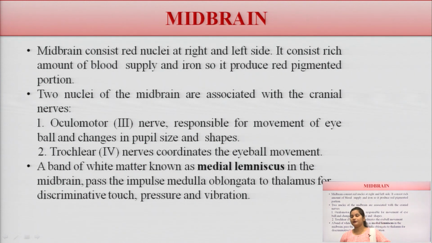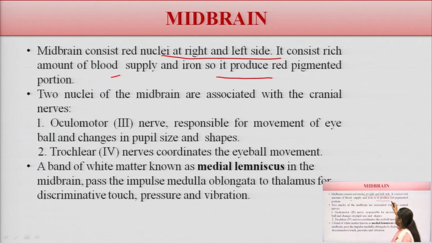Now, the midbrain consists of the red nuclei on the left and right side, which are rich in blood supply and iron. So it produces a red pigmentation. That is why it is known as the red nucleus, because it is rich in iron.